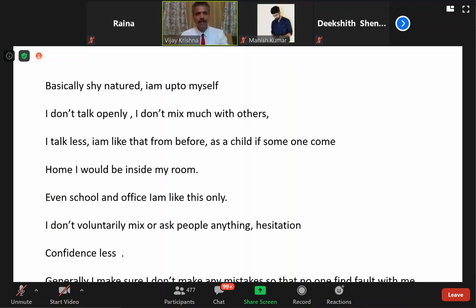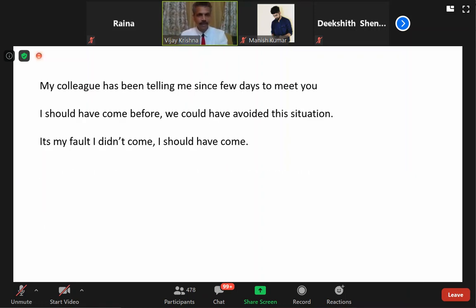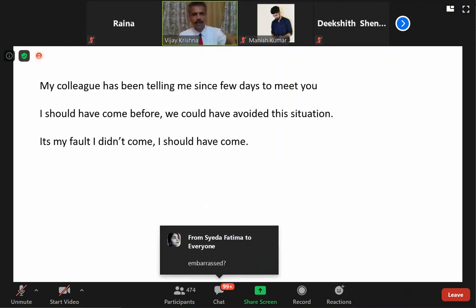When we probe further, what is that hesitation? Sir, I don't have confidence. And in office, I generally make sure I don't make any mistakes so that no one finds fault with me. Okay. And one of his colleagues, who is my patient, had told him many times, why don't you go meet Dr. Vijay?